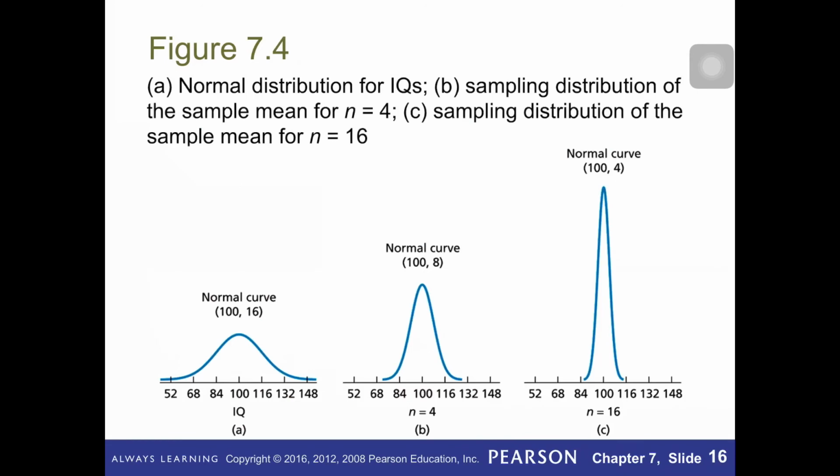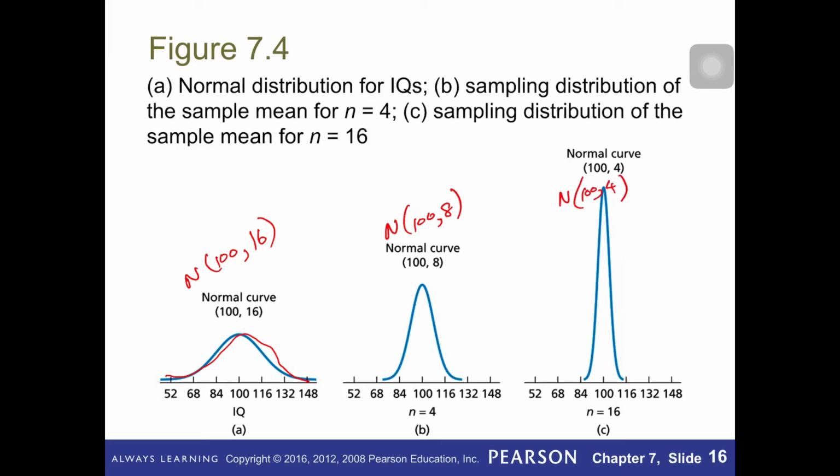When you check these shapes, this is a perfect bell shape, a normal curve, with mean 100 and standard deviation 16. Here the mean is 100 but the standard deviation becomes 8. Here the mean is 100 and the standard deviation is 4.